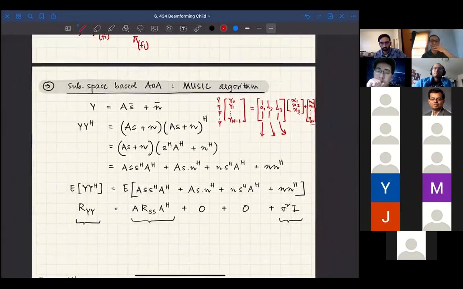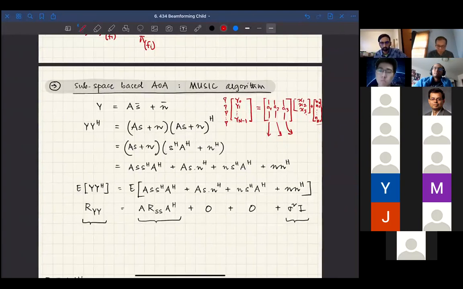Noise is getting added at the receive antenna. So this is Y equals AS plus N. You should always think of it this way. And this is called the steering matrix, like we said. X is the source signal, N is the noise, Y is the received signal.